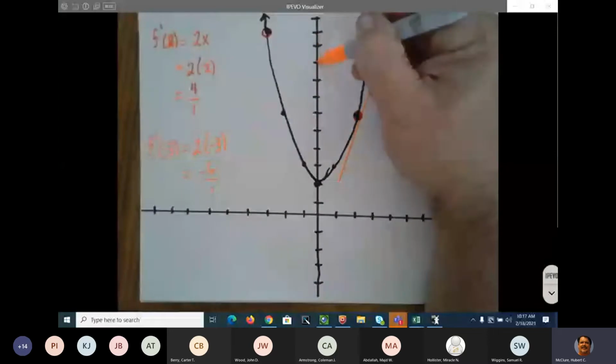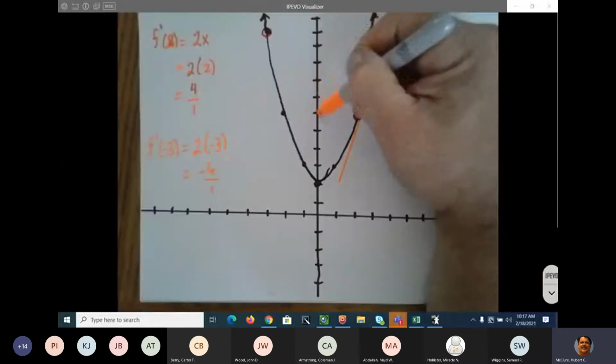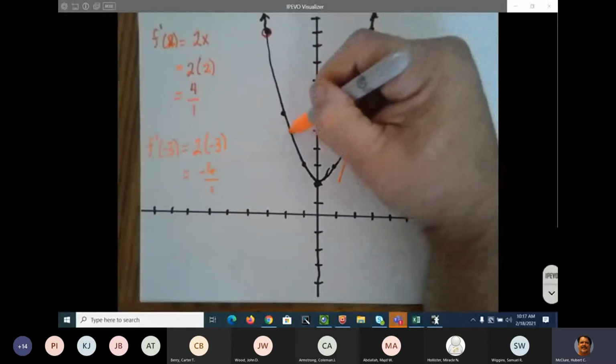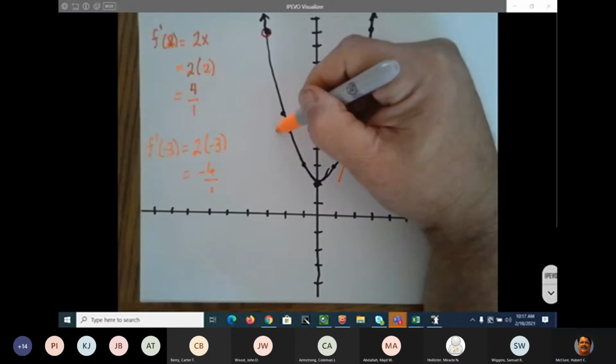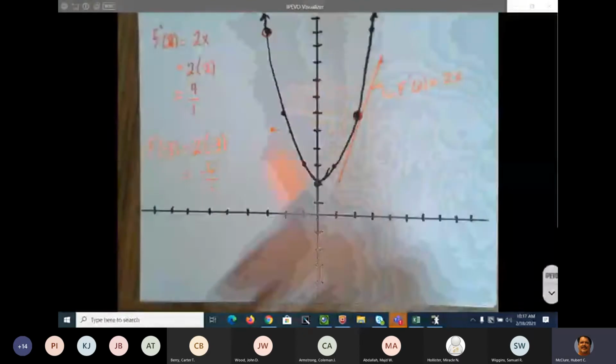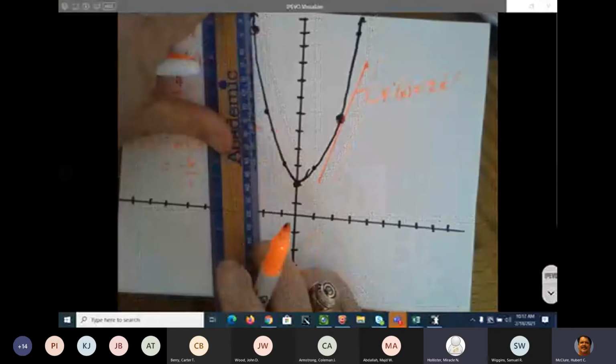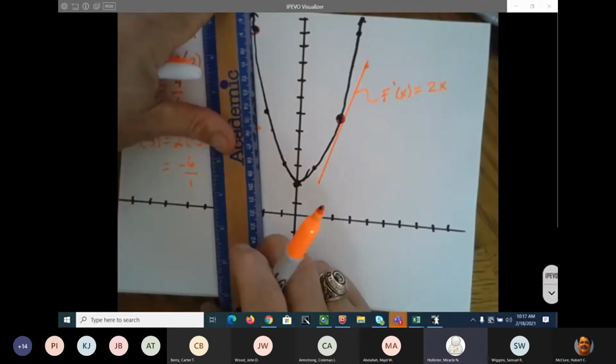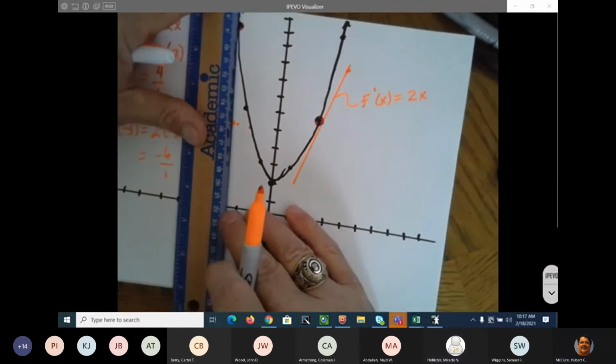So 1, 2, 3, 4, 5, 6, and over 1, right in there. Whatever number you choose, you just plug that in for x and then solve it. Bingo.